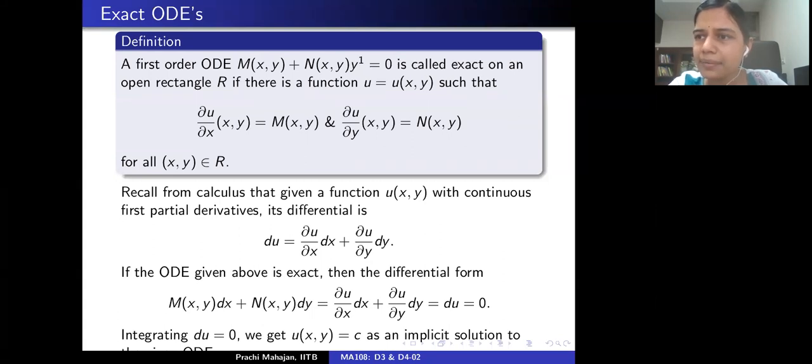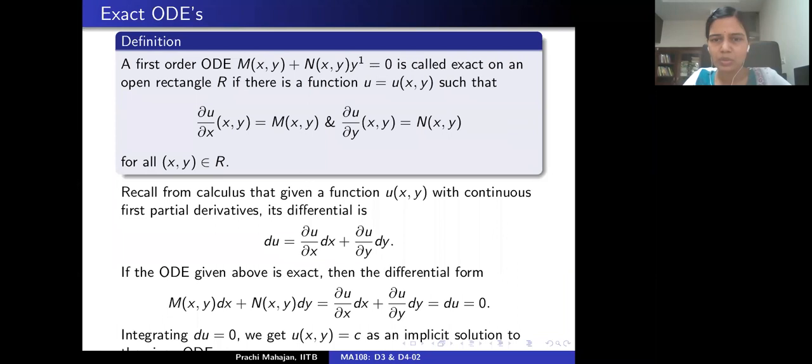As one of you pointed out, where is this concept of exact coming in suddenly? This is from differential forms, which you might see a little of in your first course in complex analysis, but I'm afraid I won't be able to say much more on that.